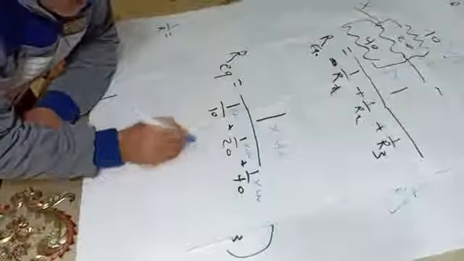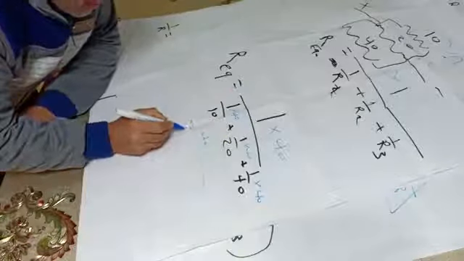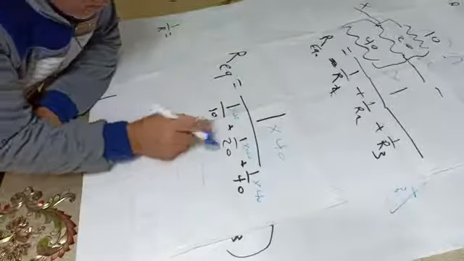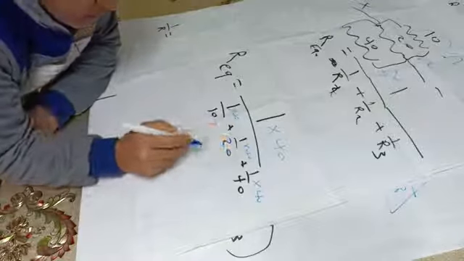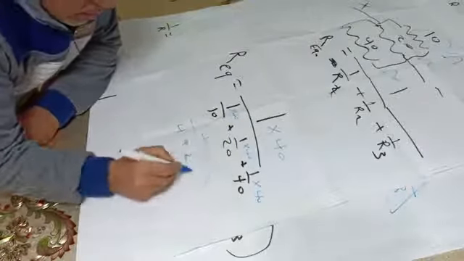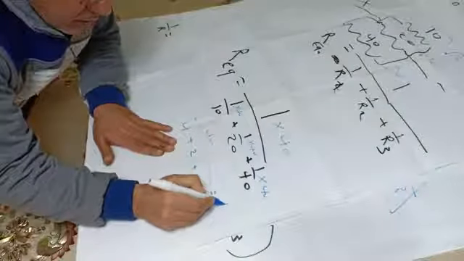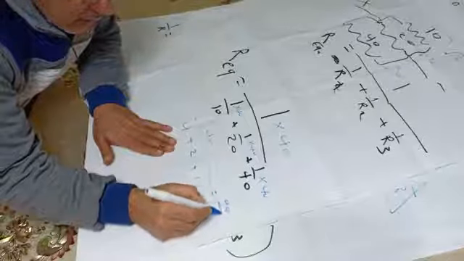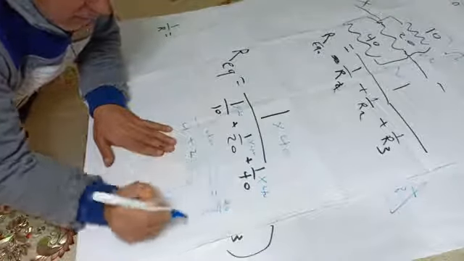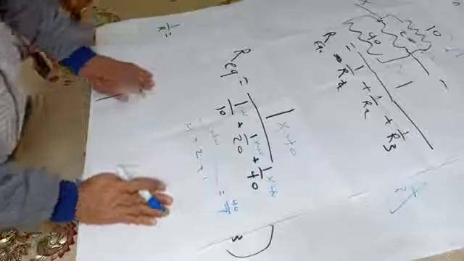It becomes like this: 40 times 1 equals 40, over 10 equals 4; 40 times 1 equals 40, over 20 equals 2; 40 over 40 equals 1. It becomes 40 divided by 4 plus 2 plus 1 equals 7, so 40 over 7.